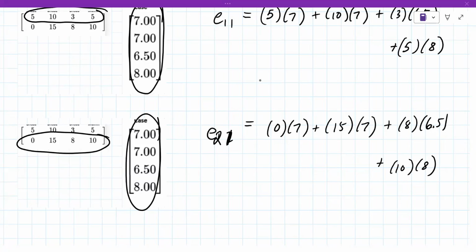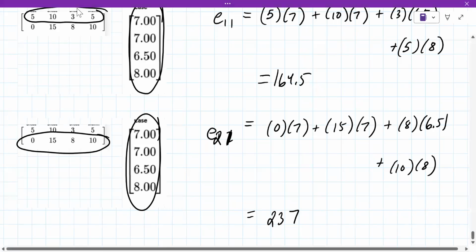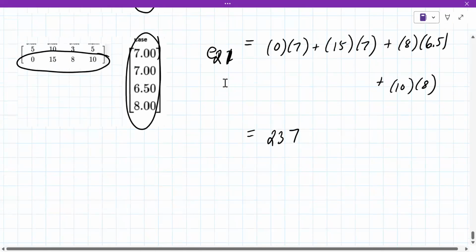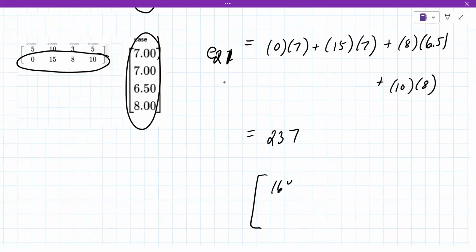The first one I get is 164.5. For the second one, it's 237. So the answer here is 164.5, 237, like that. That's part A.